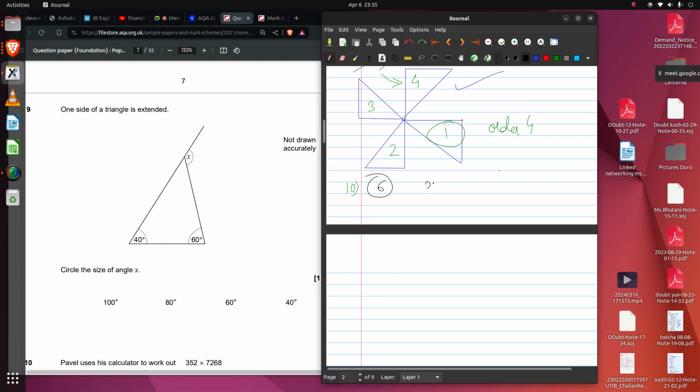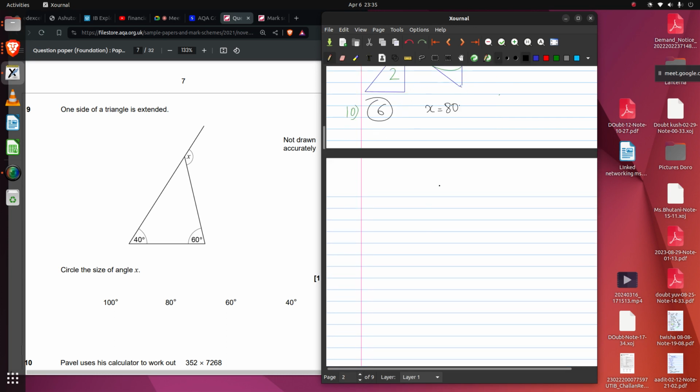Are you sure x is 80? I want to know the reason why. Because the line, the extended line, it seems like it's 180. Correct.